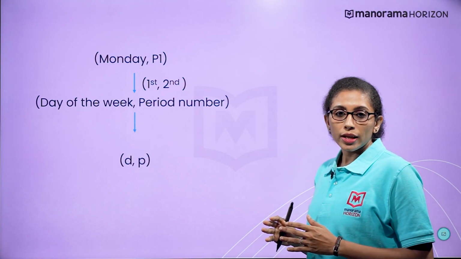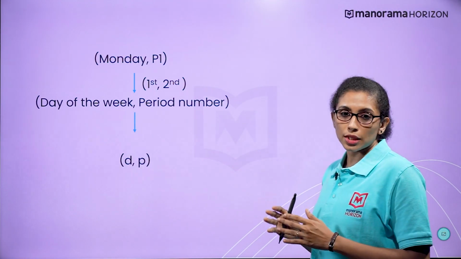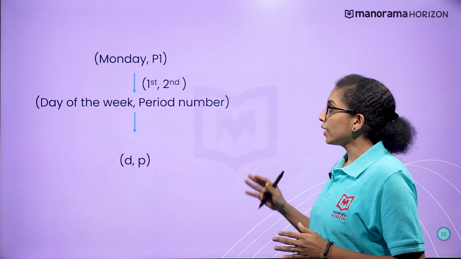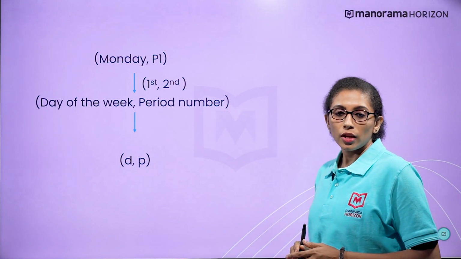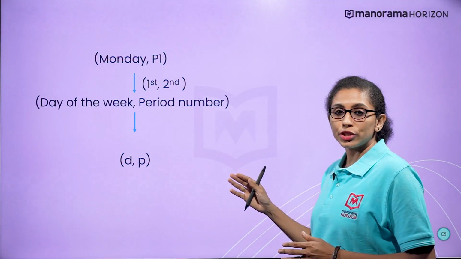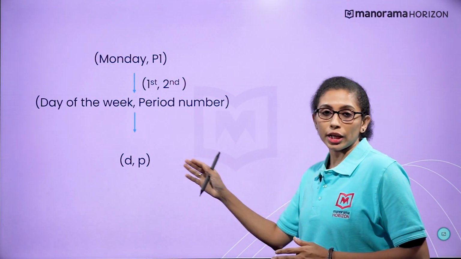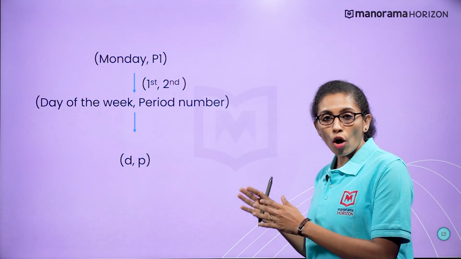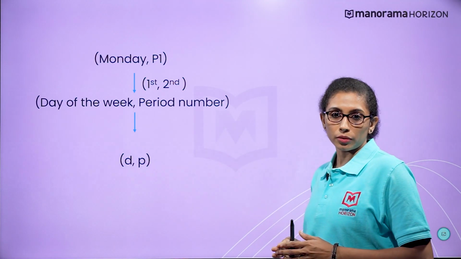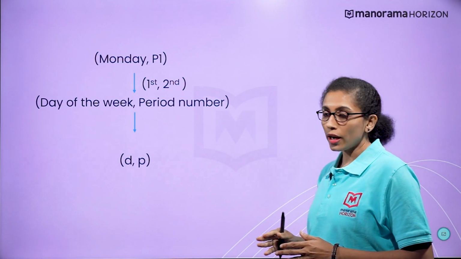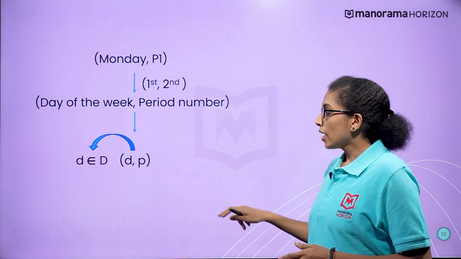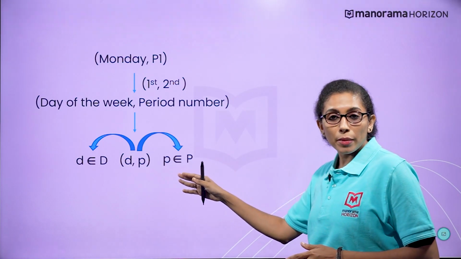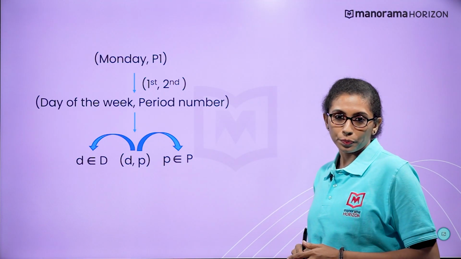Day of the week and the period number are separated by a comma and they are enclosed within round brackets. Let's use lowercase letters d and p to represent the day of the week and period number respectively, where d is an element of set D and p is an element of set P.